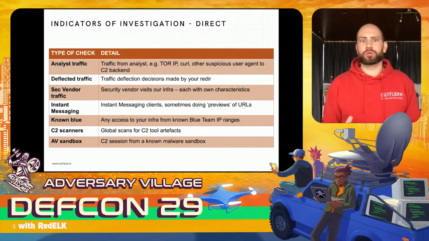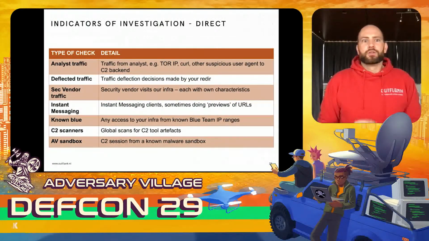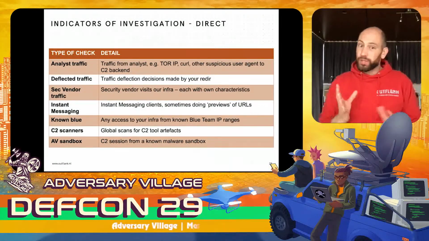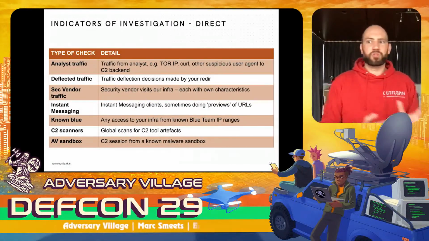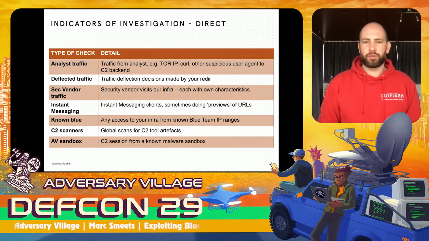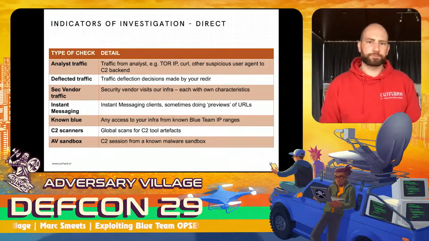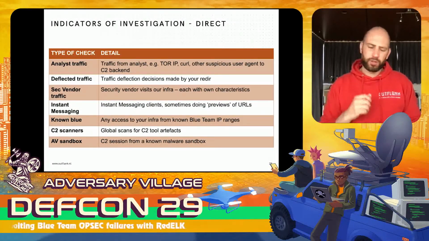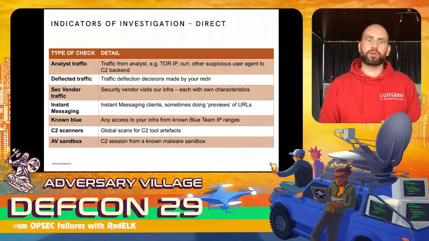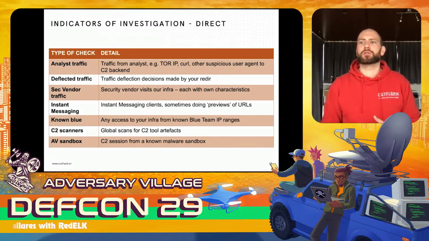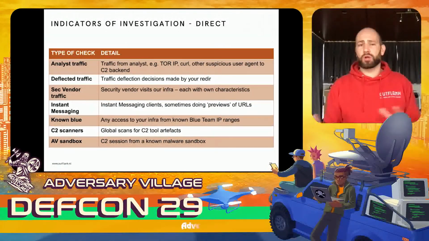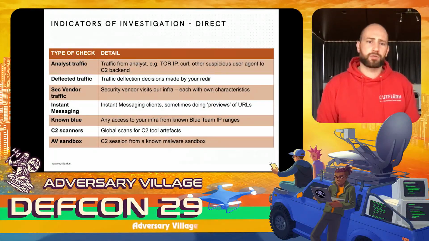That's a clear indicator of analysis. Then deflected traffic: for some reason your redirector logic has said we need to deflect this to our decoy website or some other thing. We can make alarms based on that. Blue Coat and other specific security vendors have very specific ways of querying your infrastructure, and you can have insight into that data, and later on we can have alarms on that as well.